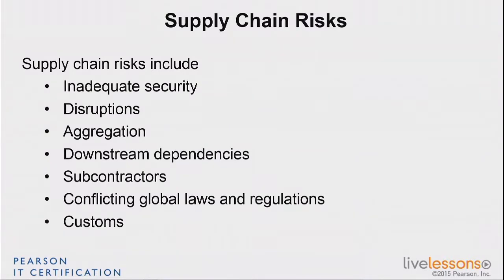So we really have to recognize that their security, their propensity to have a disruption, what dependencies they might have downstream, how they use subcontractors, what laws and regulations they operate under, and what their local customs are are all things that we need to be concerned about and understand, because if they don't match our requirements, in fact, it could impact confidentiality, integrity, or availability.